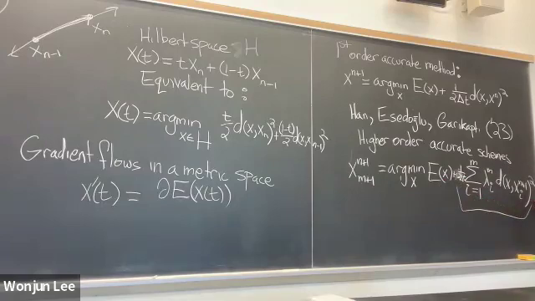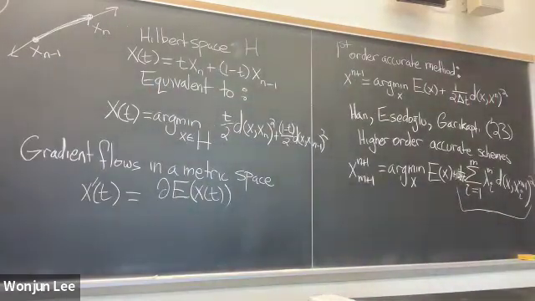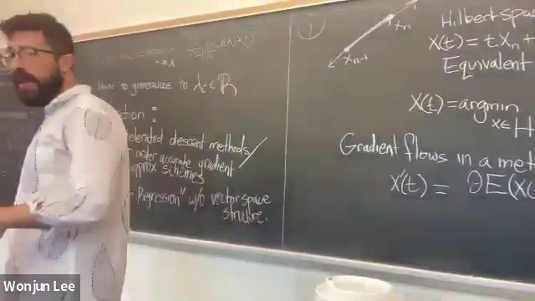Because as soon as you have negative coefficients, things get much more complicated. So this is the first motivation of these more accurate or faster converging gradient methods.